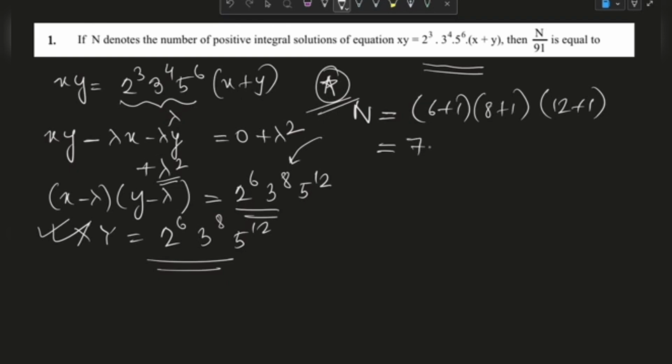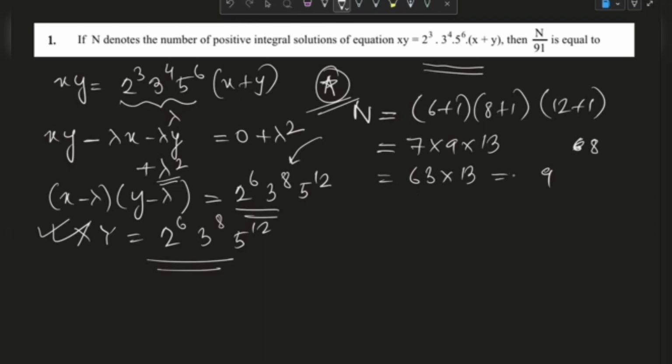So basically this will become 7 into 9 into 13. Now 9 7s are 63. And 13 3s is 39. Okay, I made a mistake. 13 6s are 78. I'm sorry.